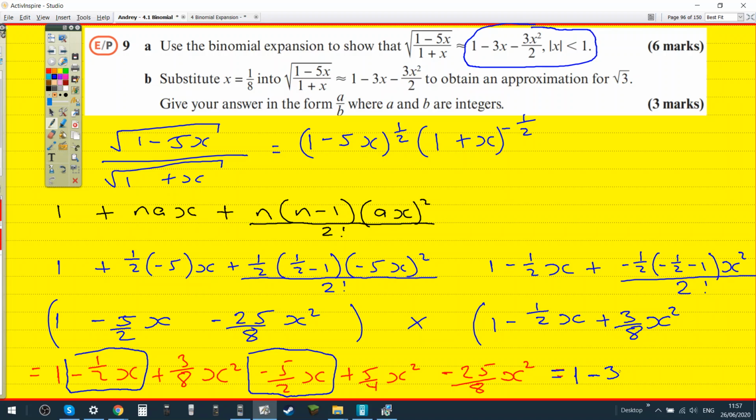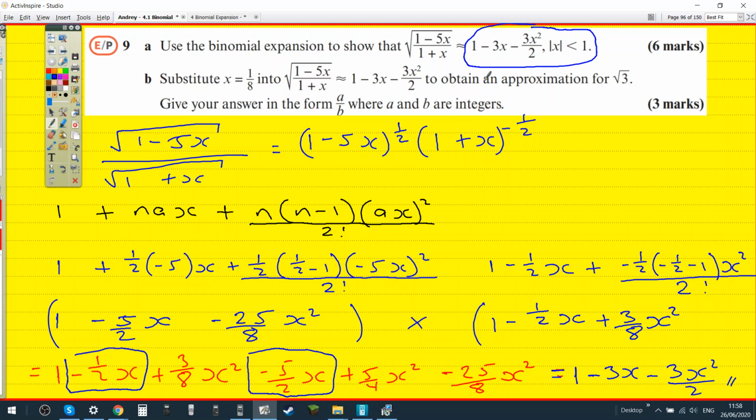Yeah. Minus a half, minus 5 over 2. And then I got minus 3 over 2x squared. Yeah, 3/8 plus 5 over 4 minus 25 over 8. And that's what we were supposed to get.